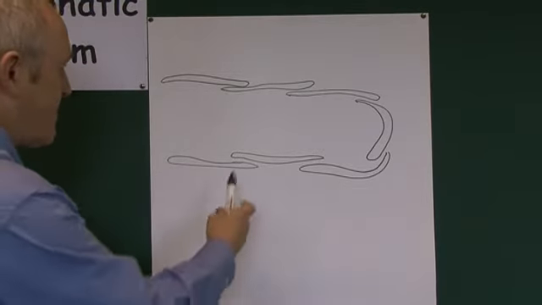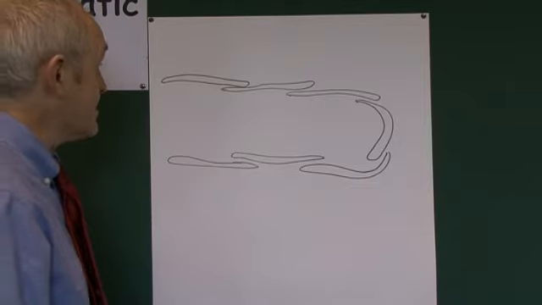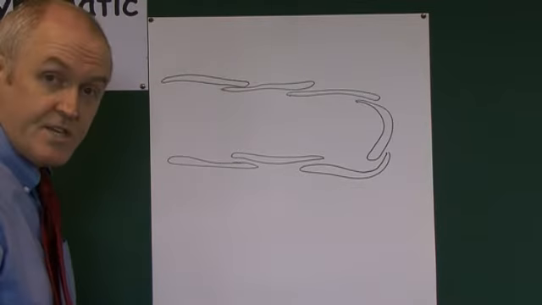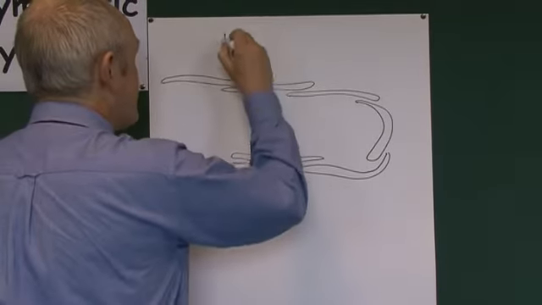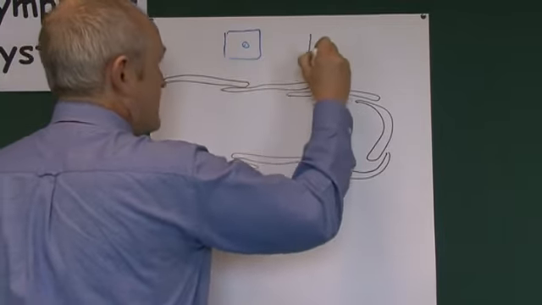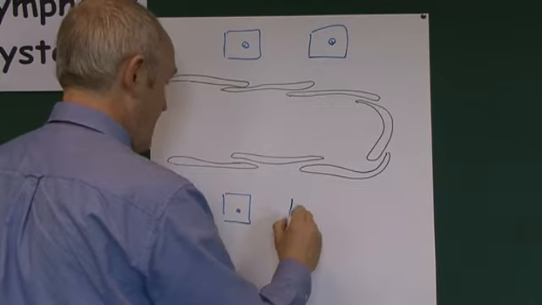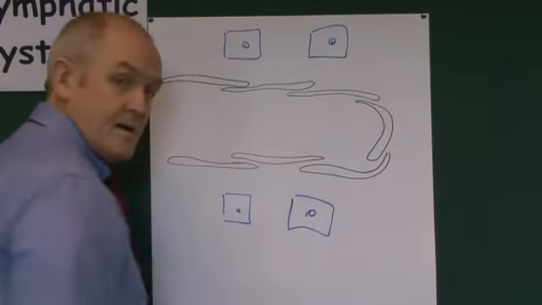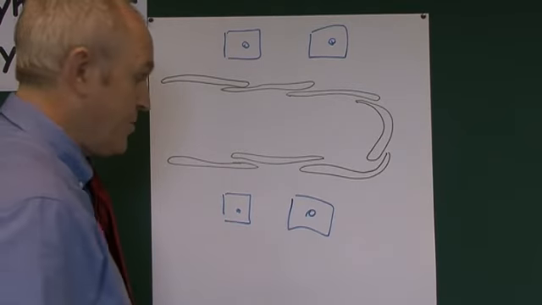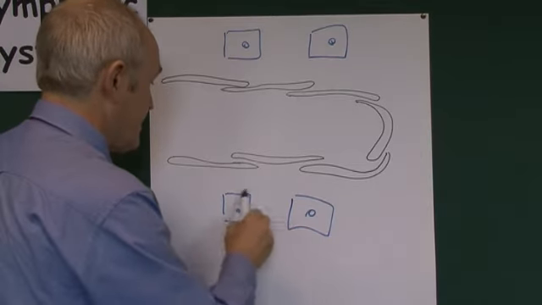So we've got these overlapping endothelial cells. And of course in the tissue we have tissue cells. So here we have some individual tissue cells. And we've noted that there'll be tissue fluid in the interstitial spaces here.